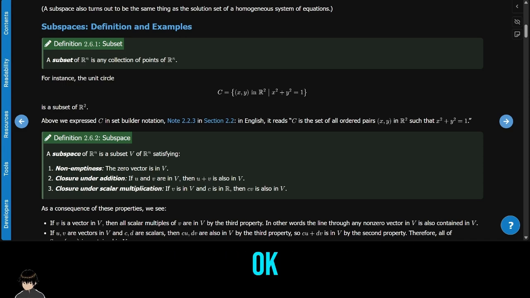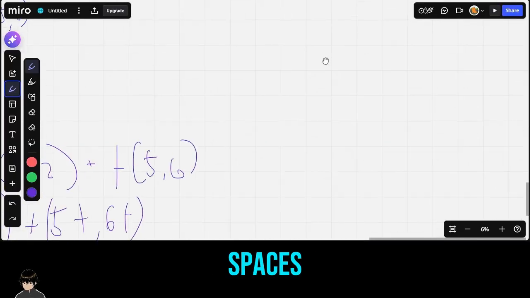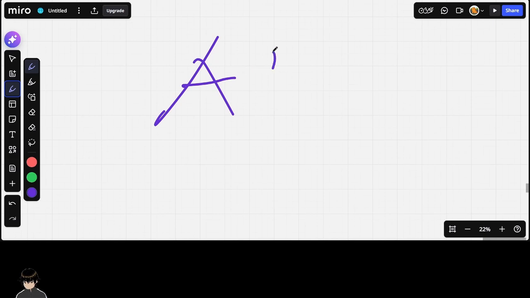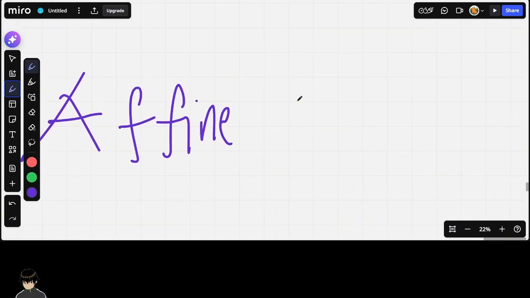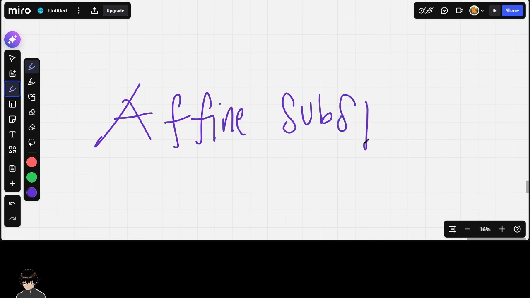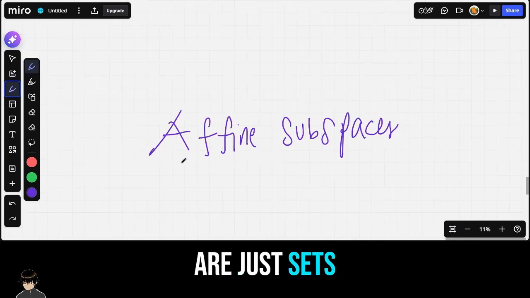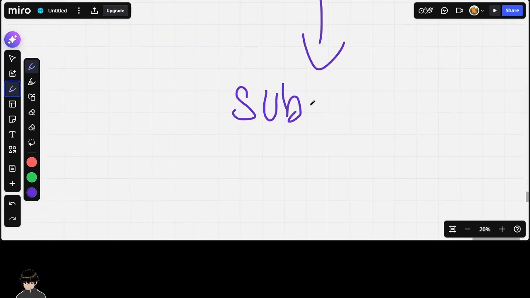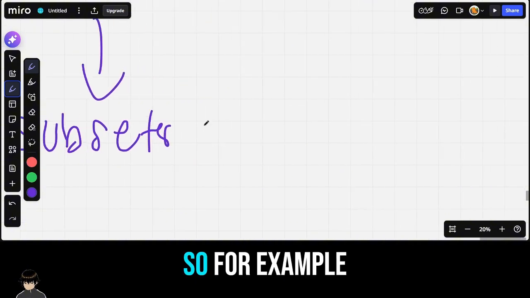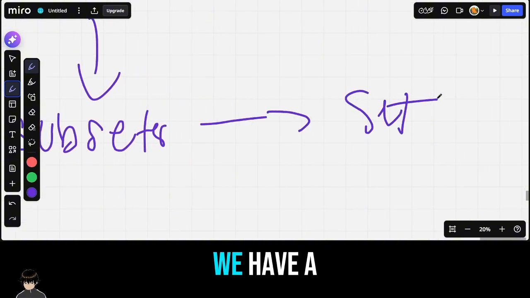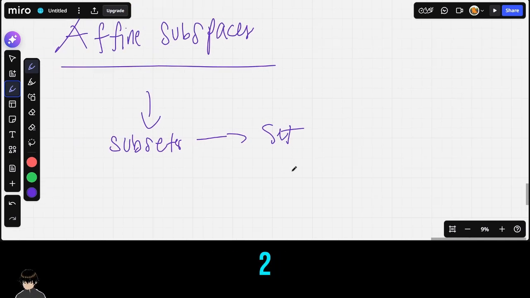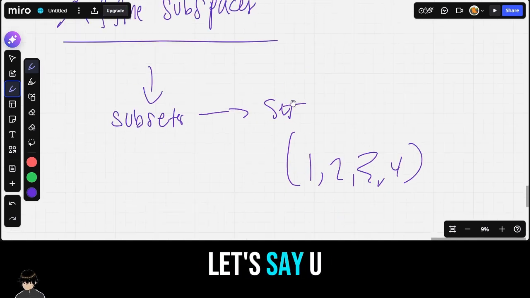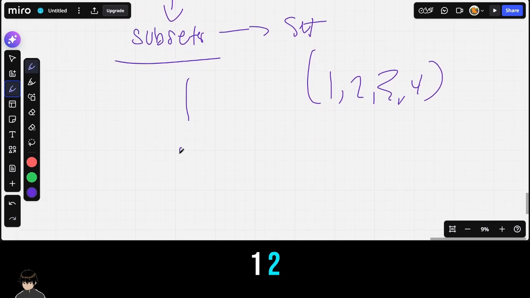So for translating that, affine subspaces are just sets or subsets of a set. So for example, we have a set of 1, 2, 3, 4, and we have a subset of, let's say, U equal to 1, 2.